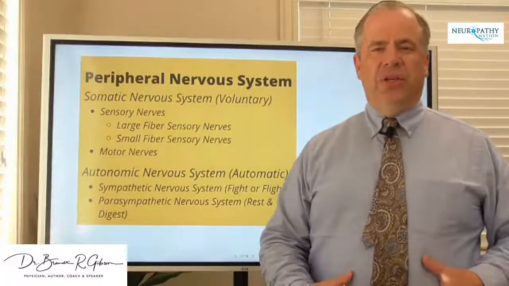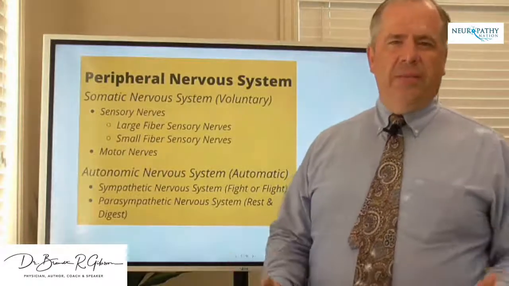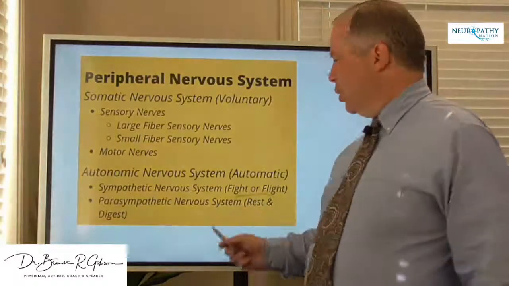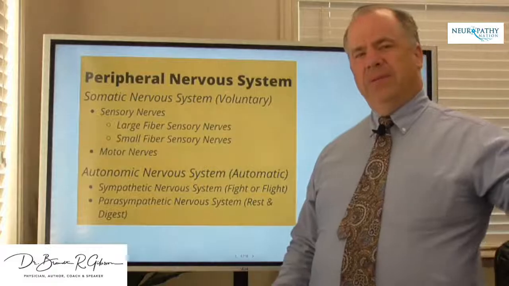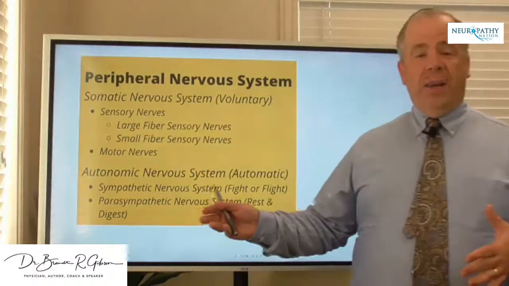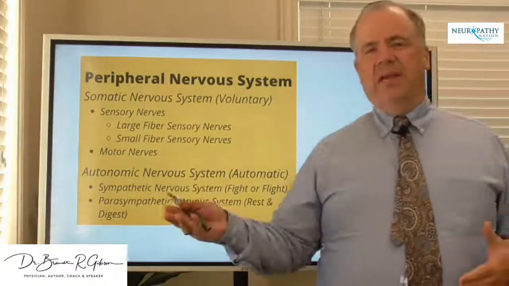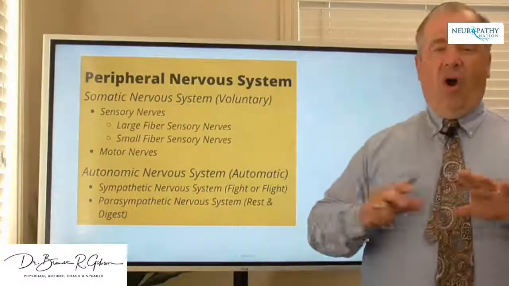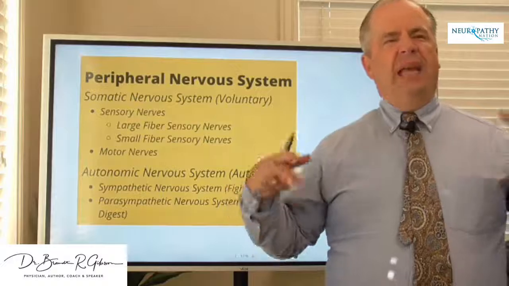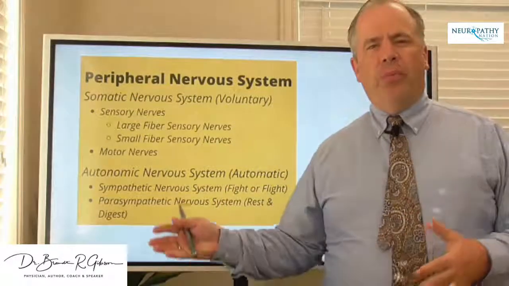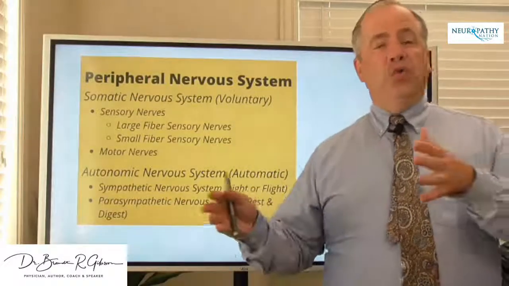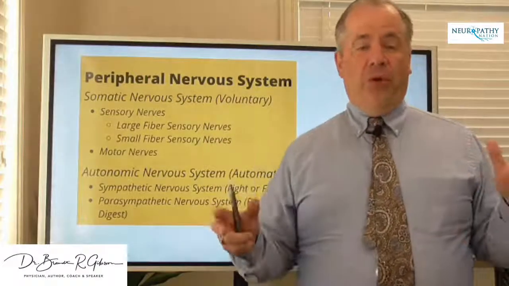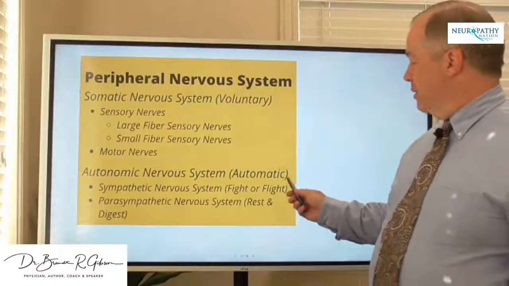You start to get abdominal pain and problems because the parasympathetic nervous system isn't working as well if you ramp up the sympathetic nervous system. So the autonomic nervous system is the sympathetic, fight or flight, and the parasympathetic, rest and digest. Basically any of the automatic functions of the body are controlled by this system, and any of those functions can also malfunction in a peripheral neuropathy. So the peripheral nervous system really does include that piece.